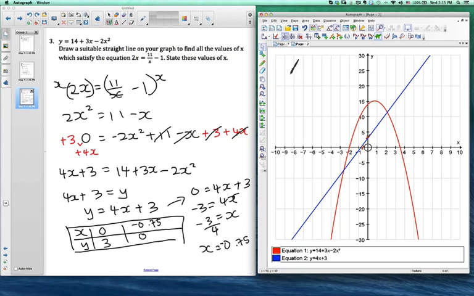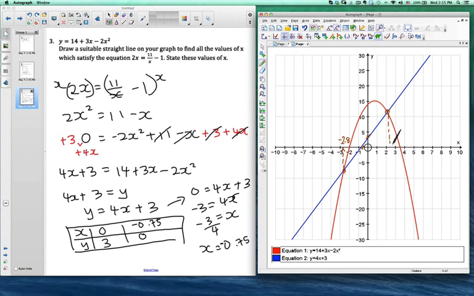Then what is the next step? I say the next step is to state these values of x. So I'm going to find two intersection points, then connect them to the x-axis. I believe this is maybe negative 2.8. Just roughly, you're going to see it nicely on your graph paper, please.